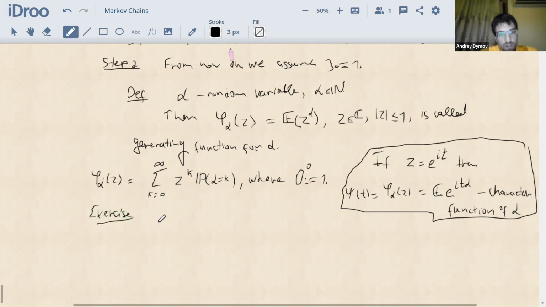Okay. Then, with such a definition, as an exercise, we have the following properties of the generating function. Phi alpha is a continuous convex function; without this definition, it wouldn't be continuous at 0.